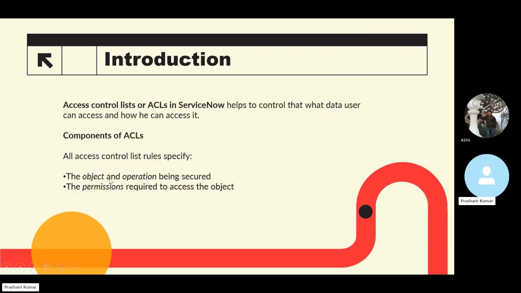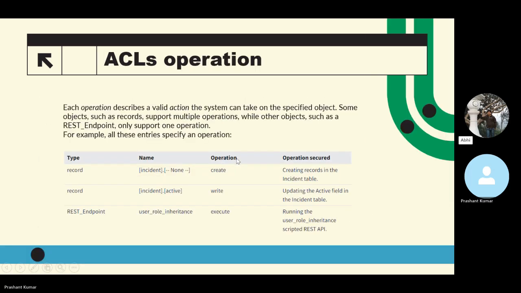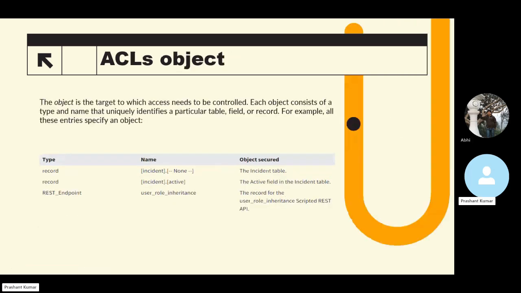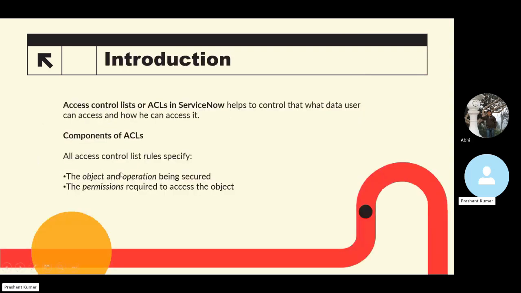It is the table we select for performing certain ACLs, like incident or problem. The operation is create, read, write, and then the permission required to access the object. It could be roles, conditions, or a script.